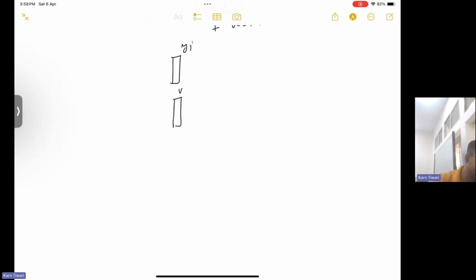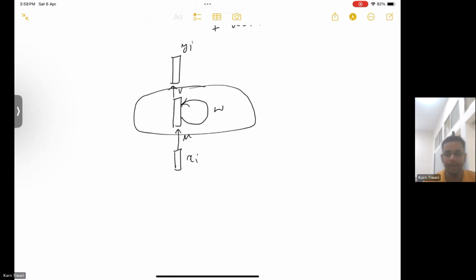This is our matrix V, this is our matrix Xi, and this is our matrix U. This is V. And here again, looping with the W matrix. So this is the looping mechanism which is already happening.